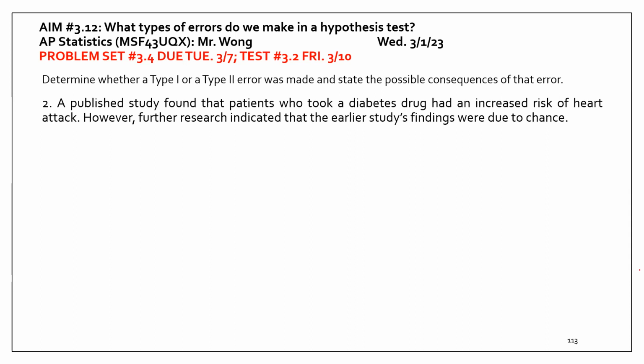So, in order to determine whether you made a type 1 or type 2 error here, you first have to determine, well, what were we starting with? And so that is going to be, what are our null and alternative hypotheses? Before, we said that the null and alternative hypotheses always had some kind of number involved.